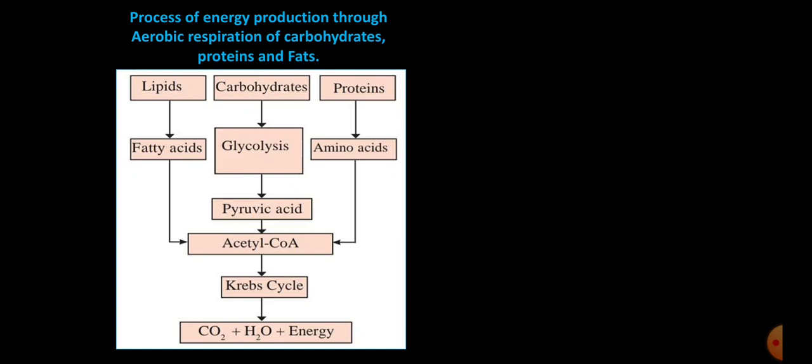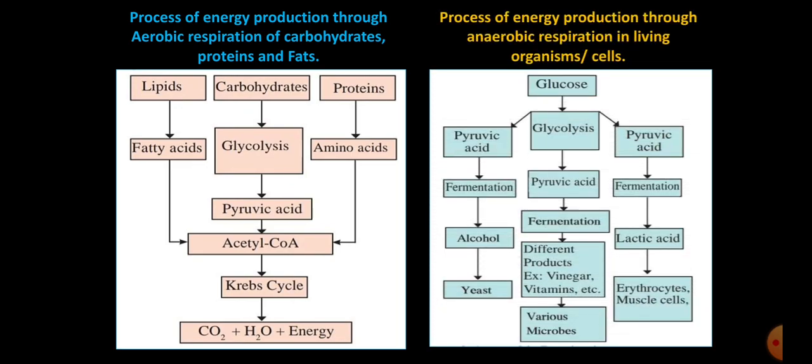Process of energy production through aerobic respiration and through anaerobic respiration. Now aerobic respiration we had already finished, and this is the flow chart for the energy production through aerobic respiration.